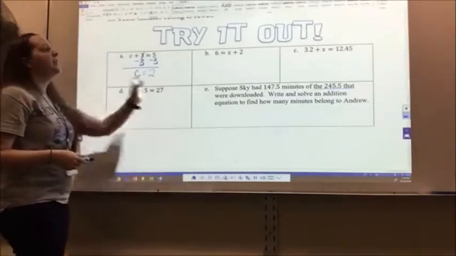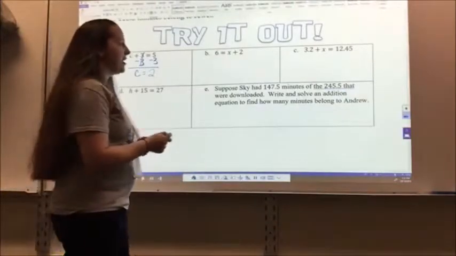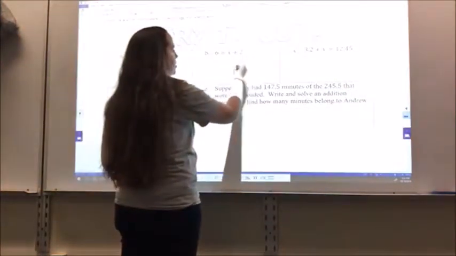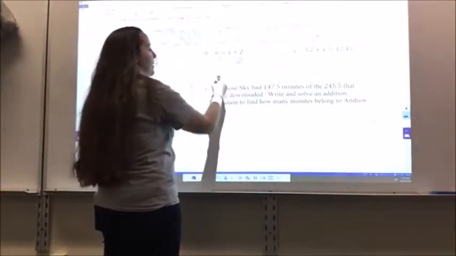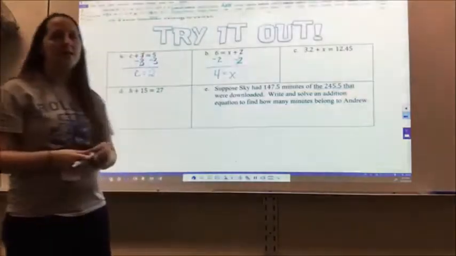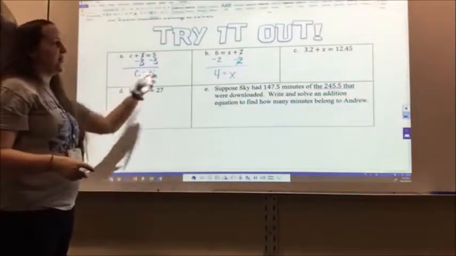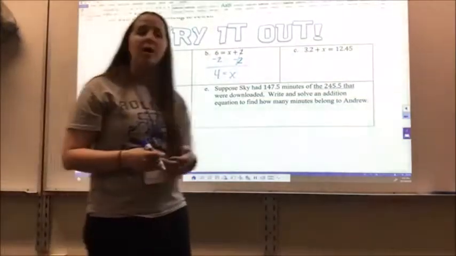For letter B, 6 equals x plus 2. Again, I want to subtract, so I'm going to subtract 2 from both sides. This cancels. 6 minus 2 is 4, and I'm left with x on this side of the equation. It doesn't matter which side the variable is on. You can still use the subtraction property of equality as long as you're adding things.